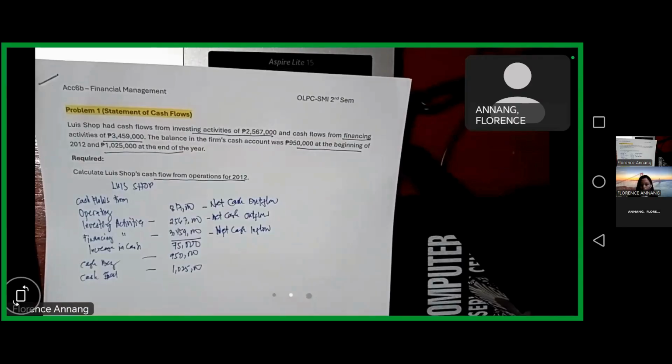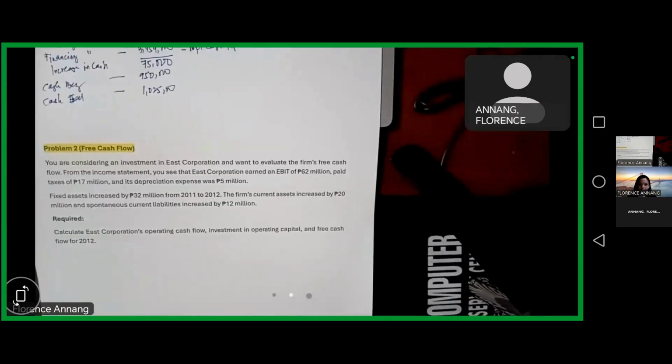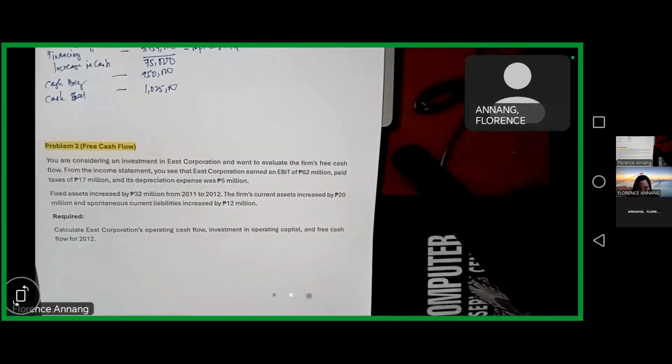So, let's move to number 2. Ayan. You are considering an investment in East Corporation and want to evaluate the firm's free cash flow. From the income statement, you see that East Corporation earned an EBIT of 62 million and paid taxes of 17 million, and its depreciation expense was 5 million.